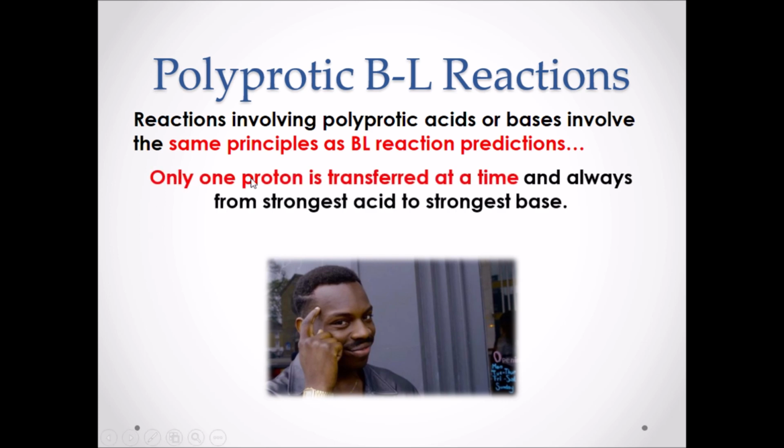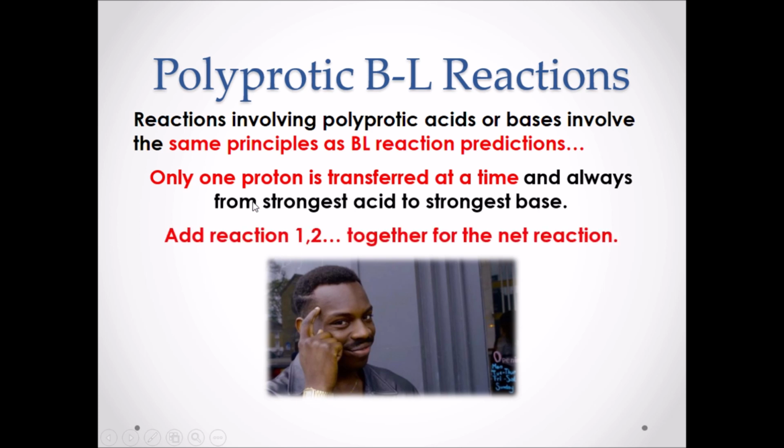We only transfer 1 proton at a time, and it's always going to be from the strongest acid to the strongest base. If we only transfer 1 proton at a time, we will have multiple reactions. For example, we may have 1 and 2 reactions. At the end, we are going to combine these reactions together to get a net chemical equation.